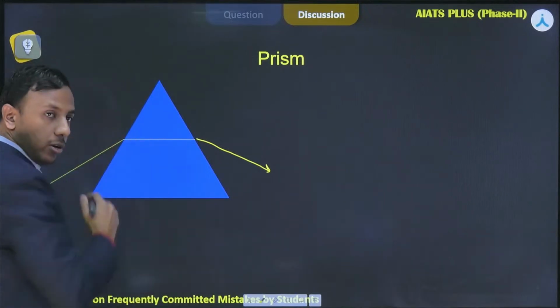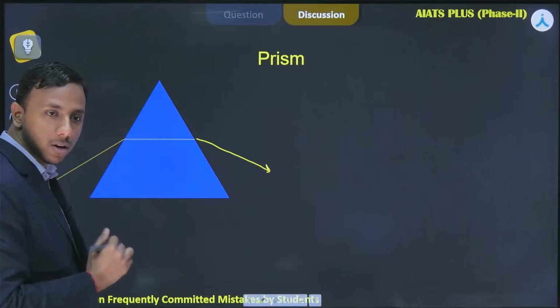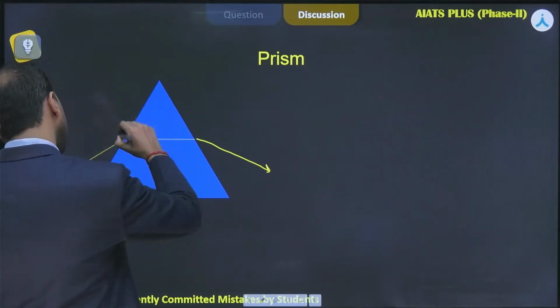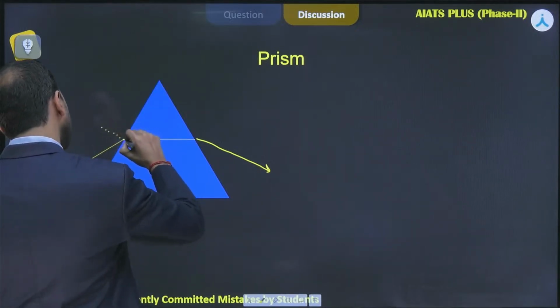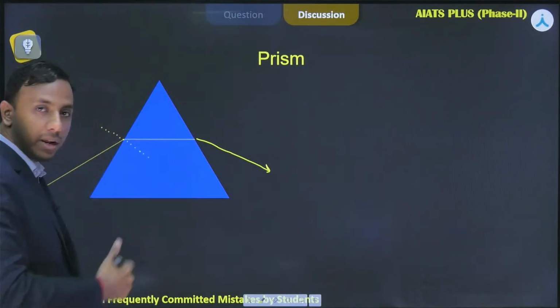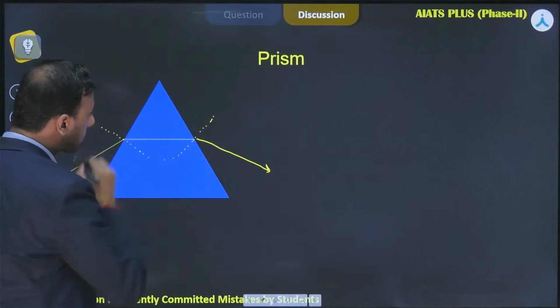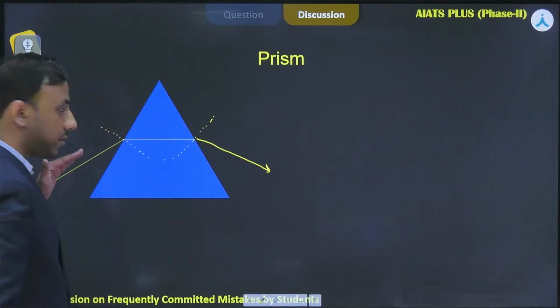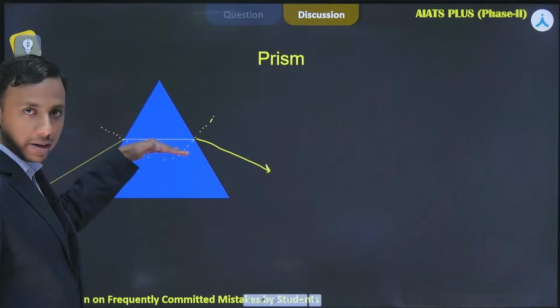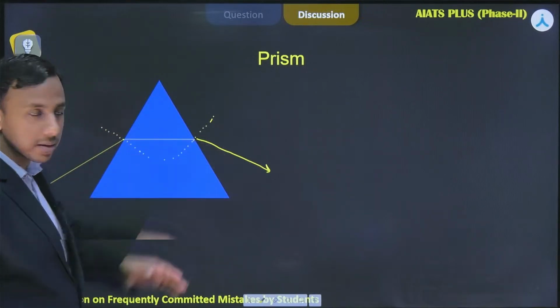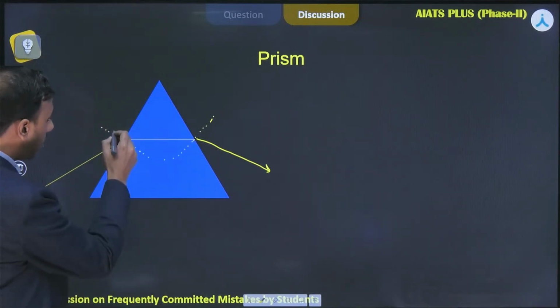And we can draw normal at both the surfaces of the prism, right? So see how I am drawing the normal. This is normal at this surface and I am also drawing normal at this surface, right? So this one is your incident ray, refracted ray, and then your emergent ray, right? And what do we call this angle?